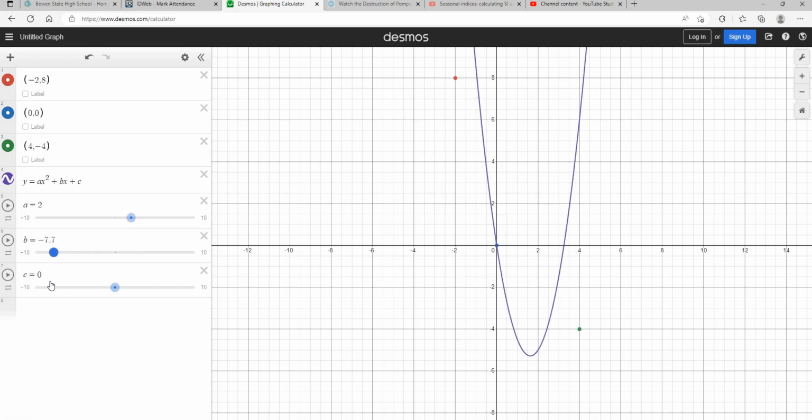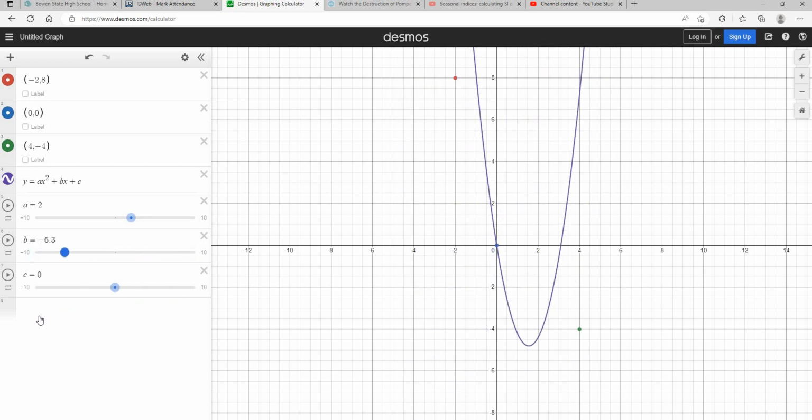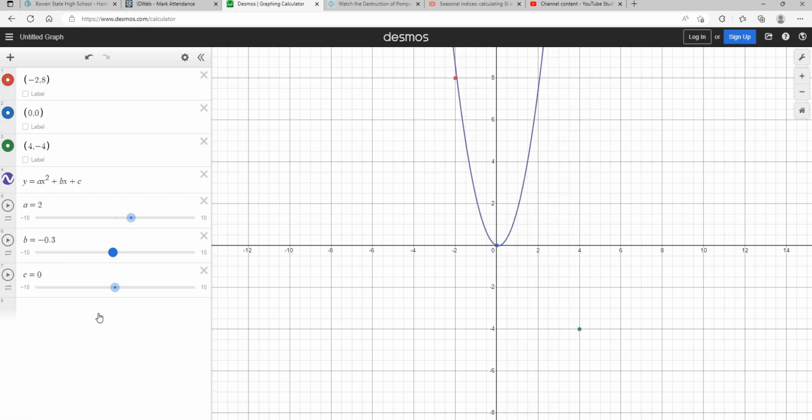Can you see that when I move my B value, that changes where the turning point is fairly significantly, right? Where do you think the turning point would be?